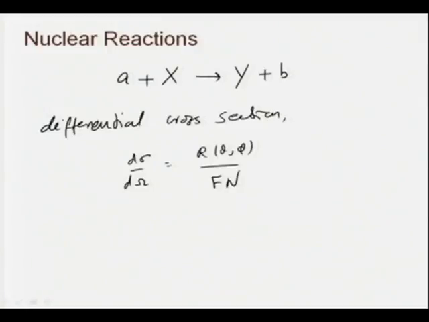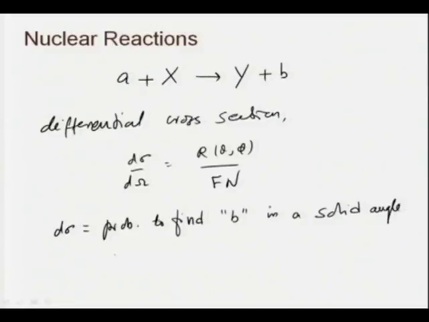So, d sigma is then the probability to find B in a solid angle d omega around the theta phi direction. This is the physical interpretation of the differential cross section.